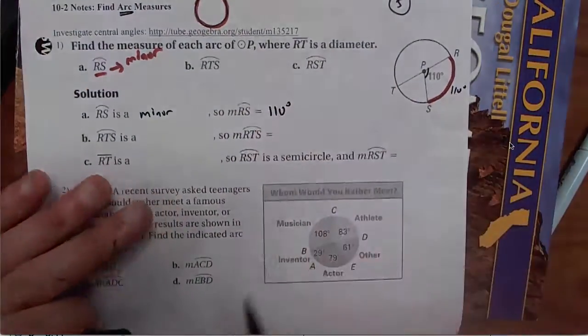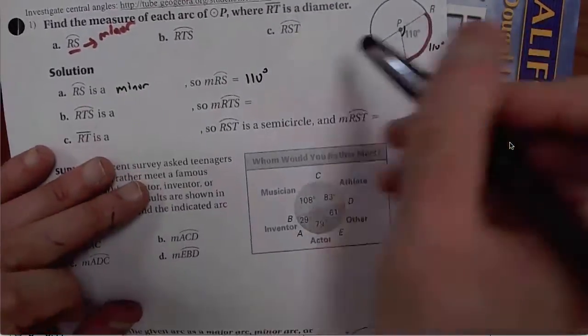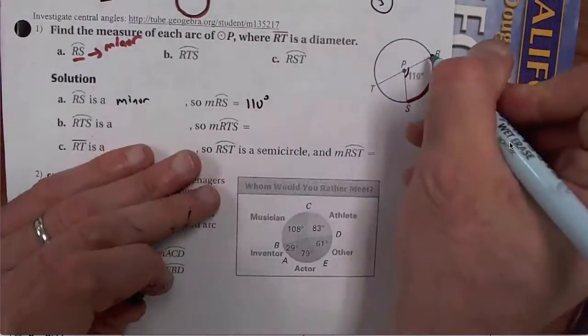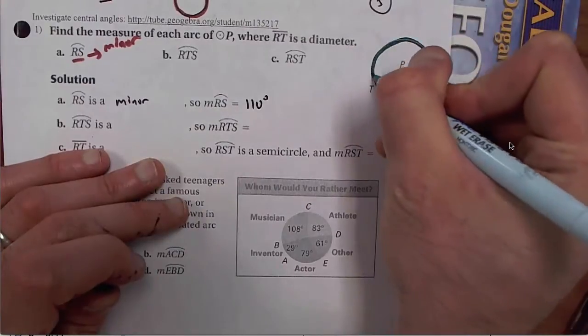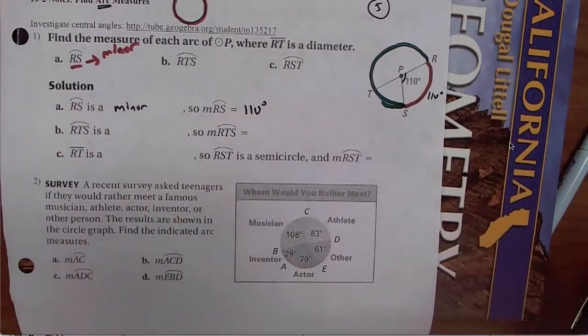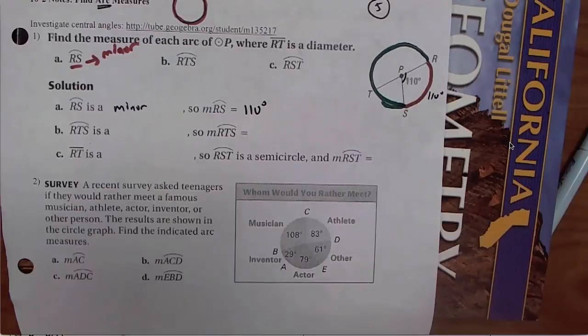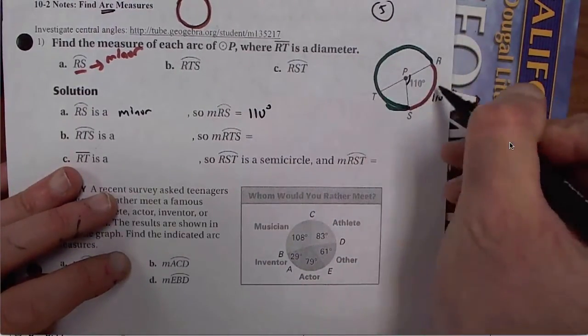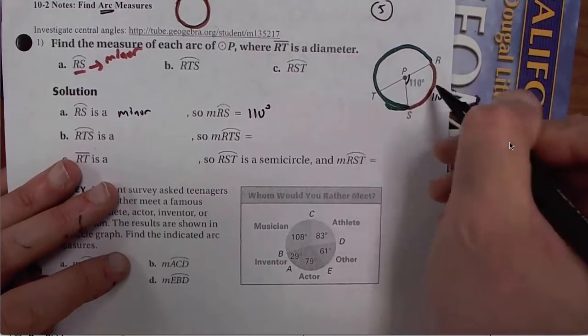So the measure of arc RS is 110. Okay. RTS. When you see three letters, you trace it around as you say it. So RTS would be like that. That picture helps us see how to find that measure. Hopefully we see that this whole thing equals 360 degrees.